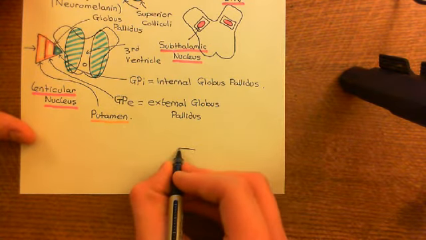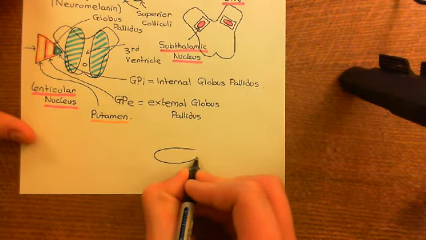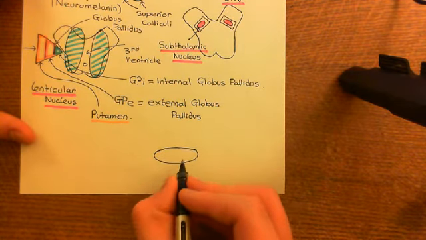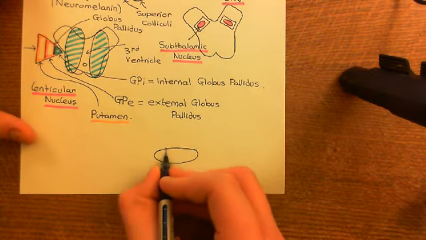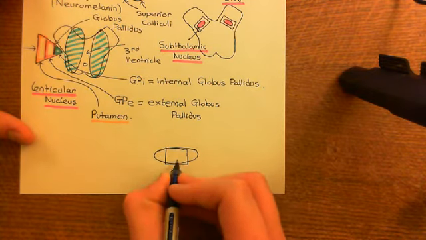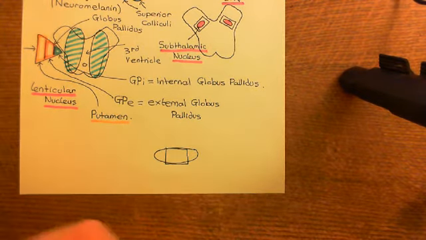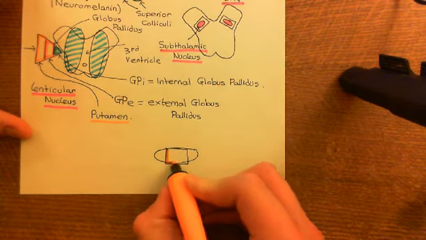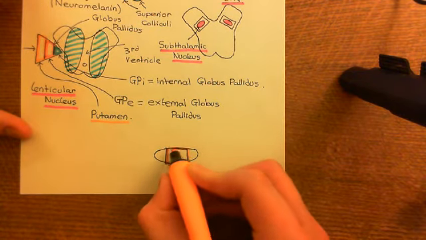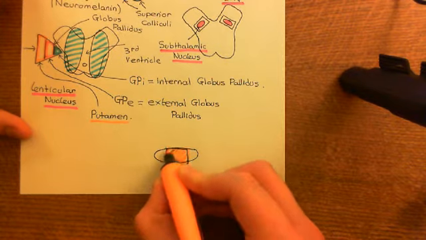We'll start by drawing the thalamus again from the left-hand side. So this is the left thalamus. Now, sitting in front of the thalamus, or rather to the side of the thalamus, but because of the angle we're looking at, it is in front, we can now see the putamen, which is the outermost portion of the lenticular nucleus. So this is all the putamen.